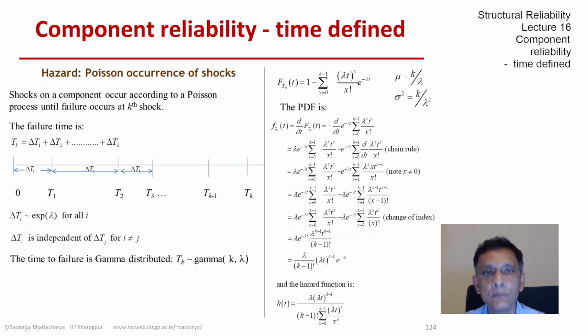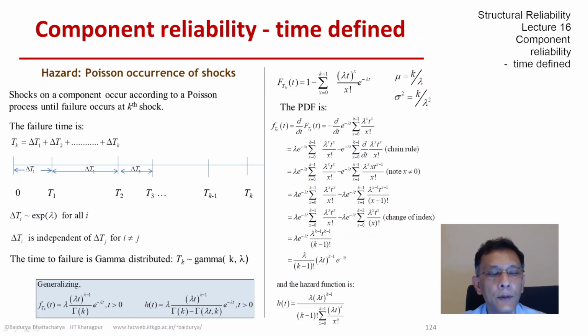Obviously we are working with k being an integer here, which is more appropriate for an Erlang distribution. But if we generalize this, then the CDF and the PDF all involve the gamma function instead of the factorial. So what you see on the screen on the left with the blue background is the density function and the hazard function when k is not necessarily an integer.